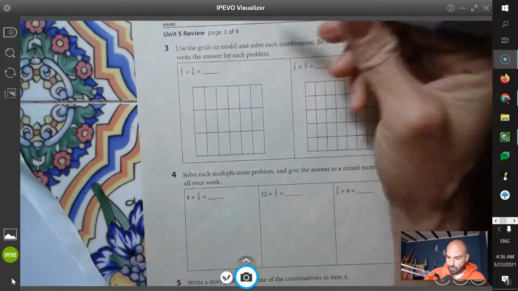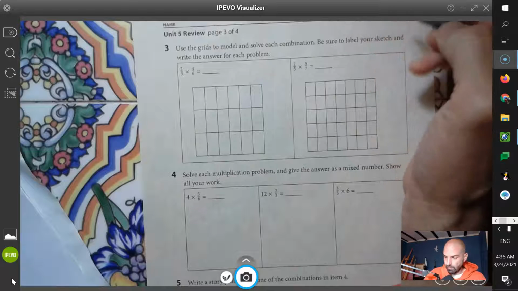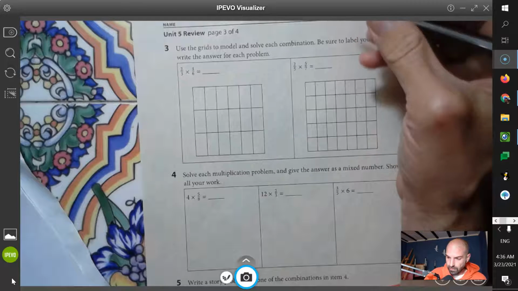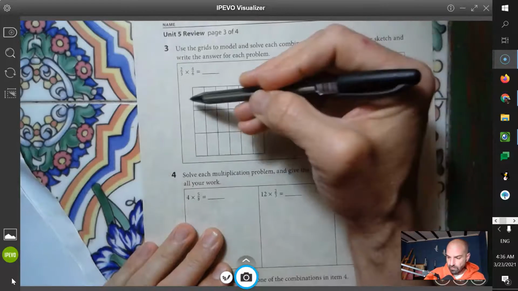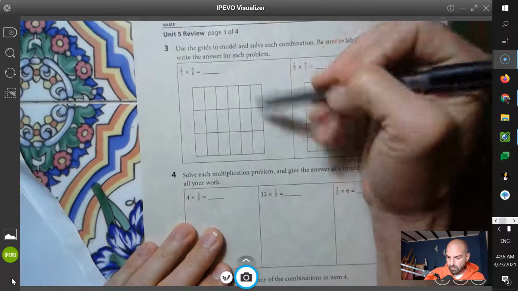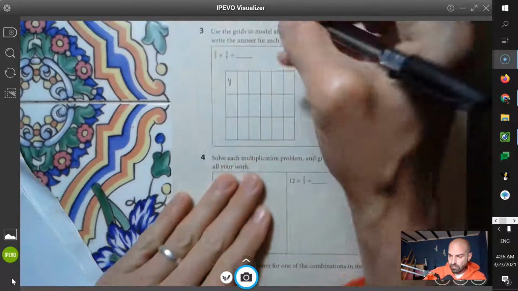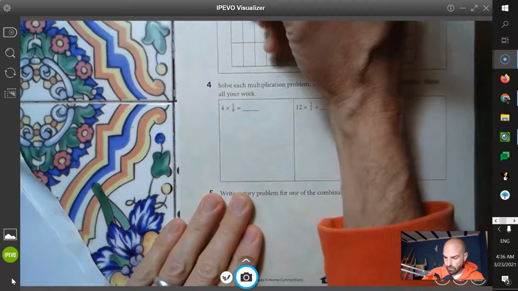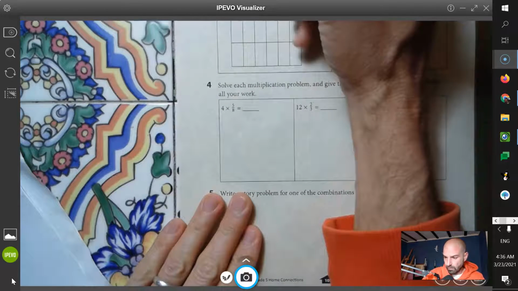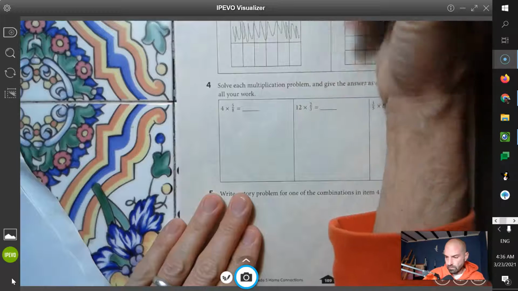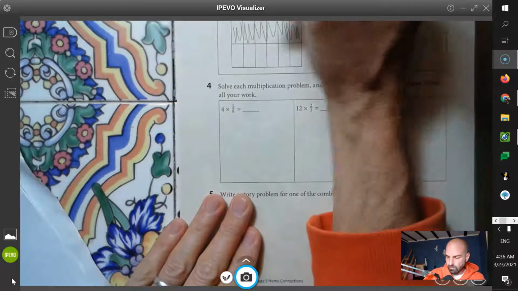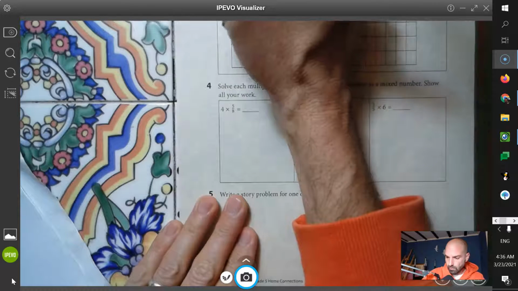All right, use the grids to model and solve each combination. Be sure to label your sketch and write the answer for each problem. So I see here we have 3 going this way and my 6 going this way. So first we got 2/3. They do it one way, which we don't have to do if you don't want to. So there's my 2/3, over here.